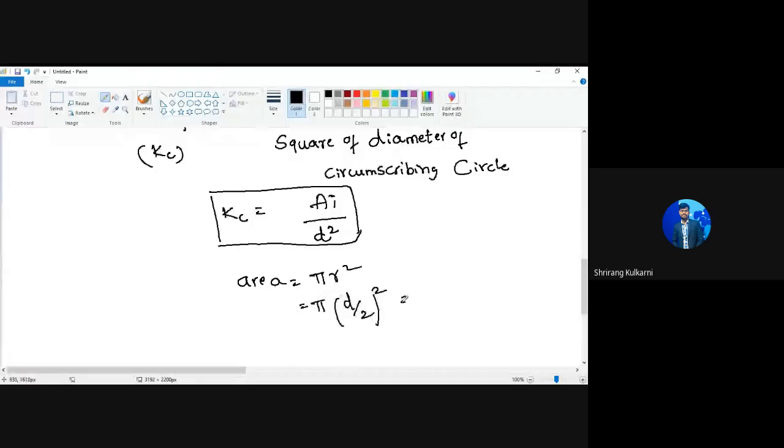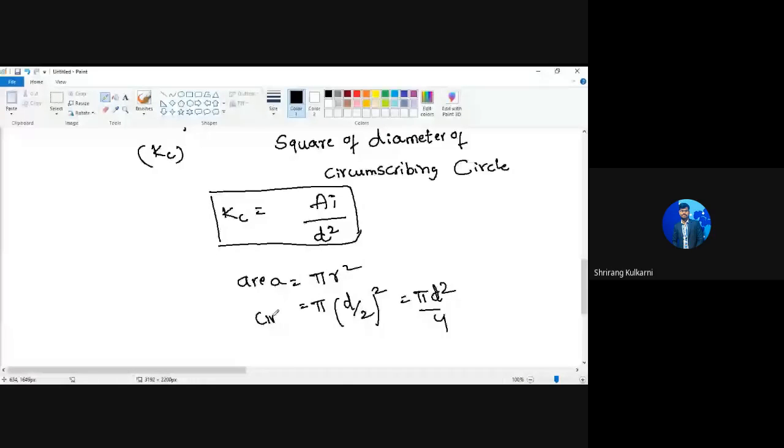Understanding this? Then what is the area of that circle? Area of circle is pi r squared. In place of radius, D by 2 squared. So pi D squared by 4 is the area of the circle.